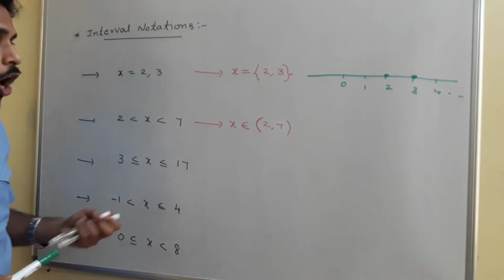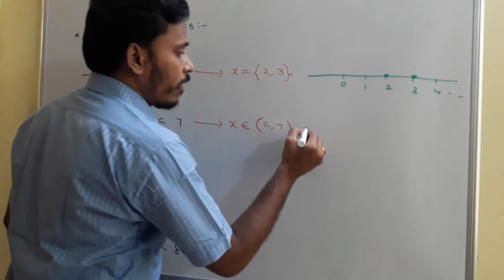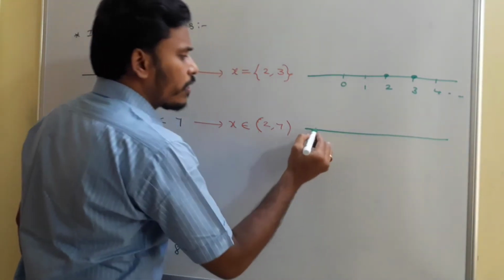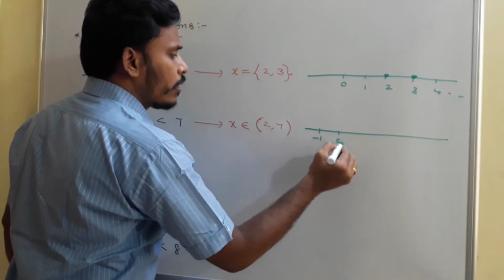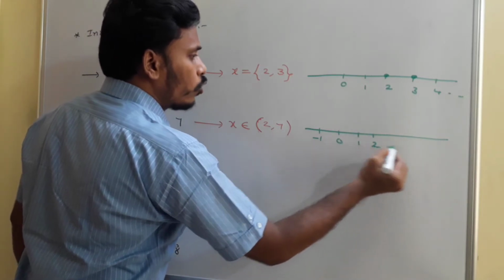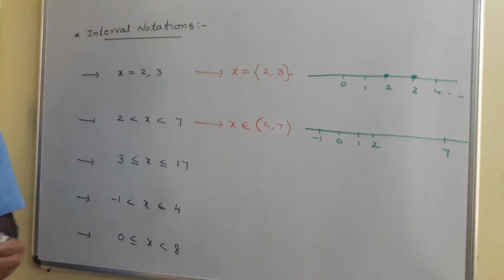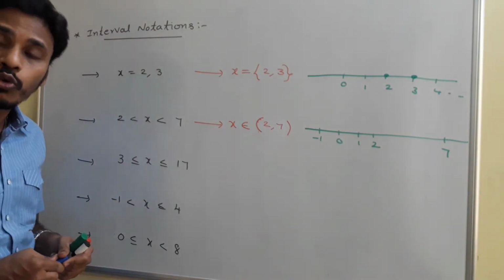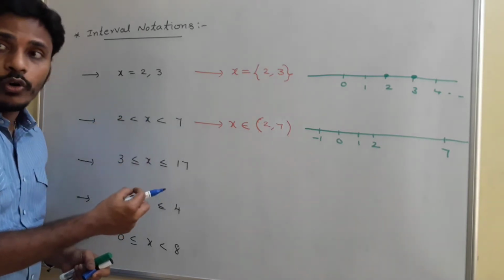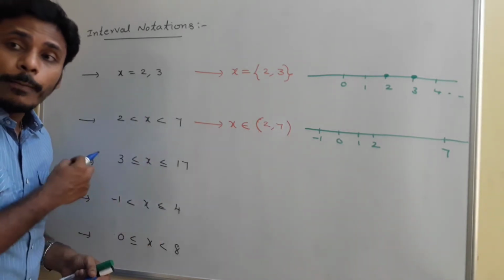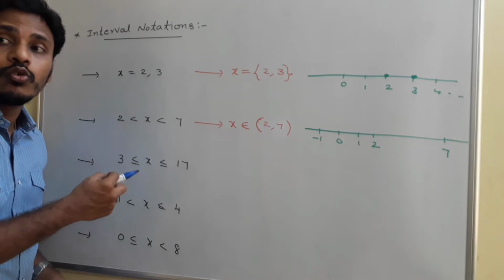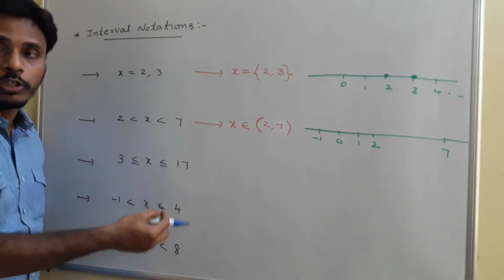And on the number line we will represent it in such a manner. On this number line somewhere we have negative numbers, 0 and 1 and 2, and if you move on like that, somewhere you will have 7 also. But what are the possible values of x? The possible values of x are from 2 to 7, but 2 is not included, 7 is not included, but from 2 to 7 every value on the real number line is a possible value of x.